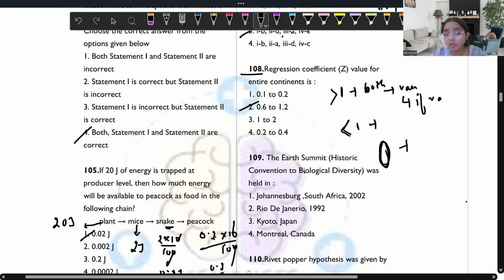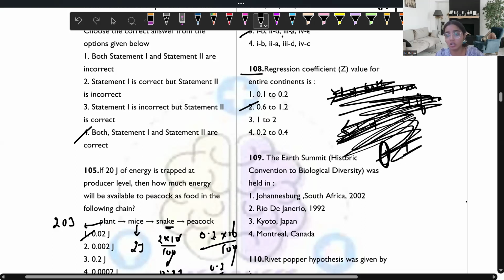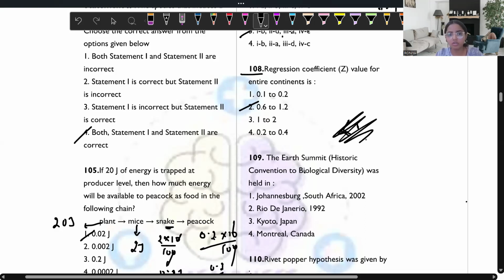And if the coefficient of regression is less than 1 for organism and temperature, it will indicate that they are related to each other, and organism will decrease if the temperature increases, or organism will increase if the temperature decreases. Understood? Now, if the coefficient of regression is 0 for organism and temperature, it will indicate that the organism and temperature are not related to each other. Understood? So that is coefficient of regression.